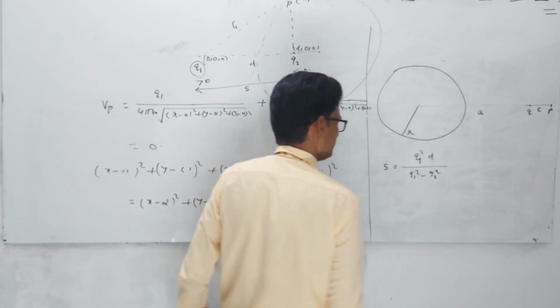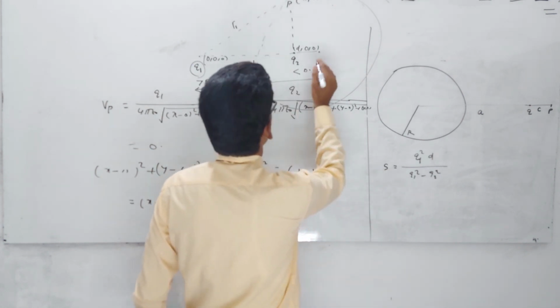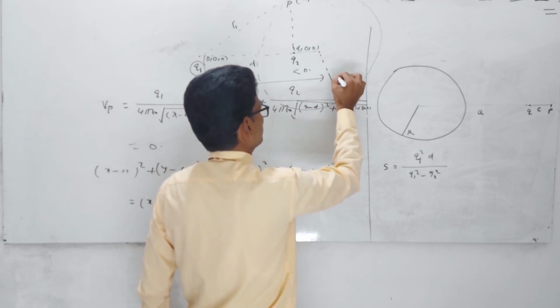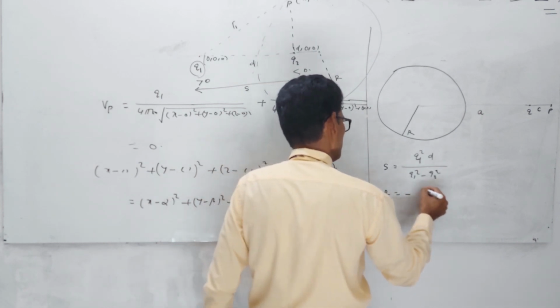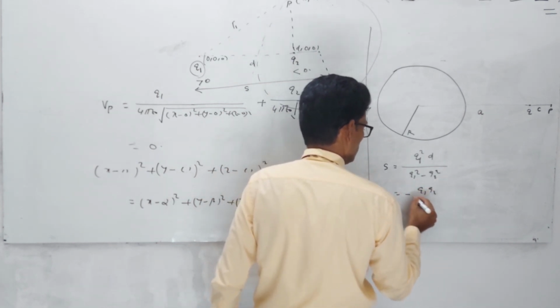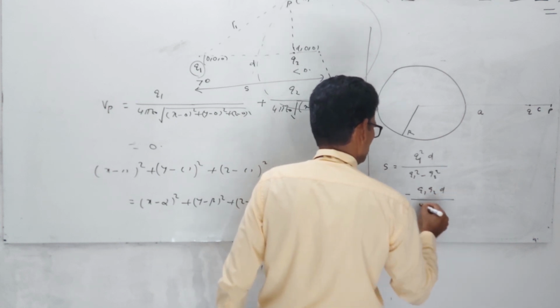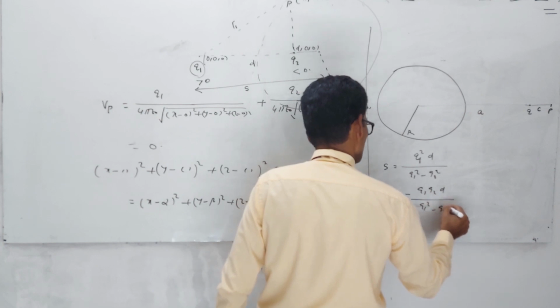Radius r here, say it takes radius say r. So r comes out to be minus q1 q2 d over q1 square minus q2 square.